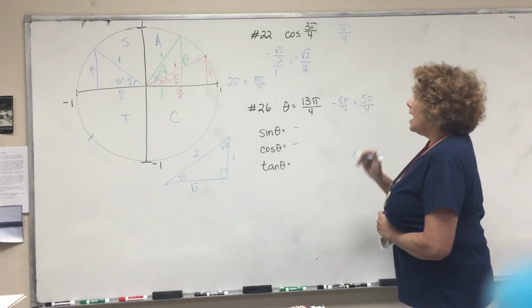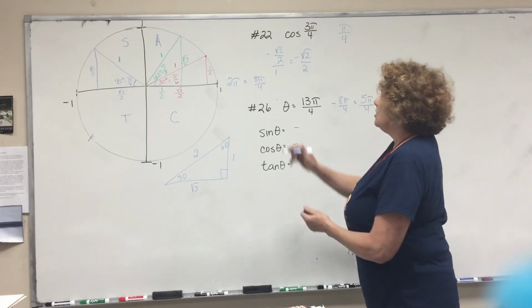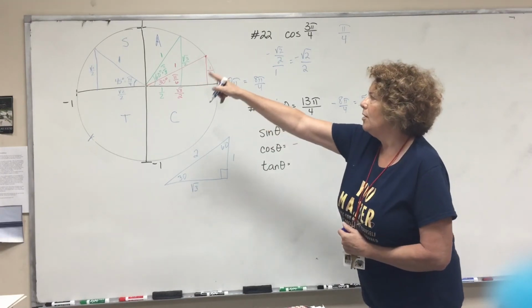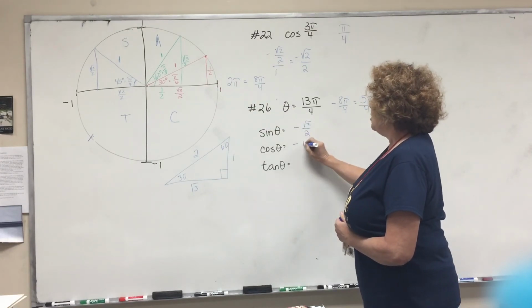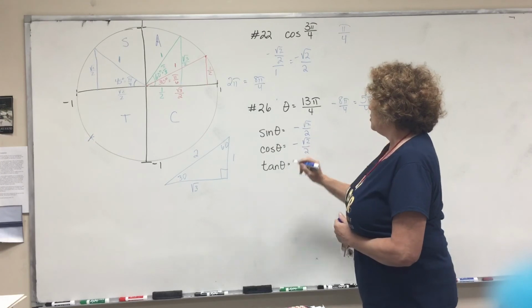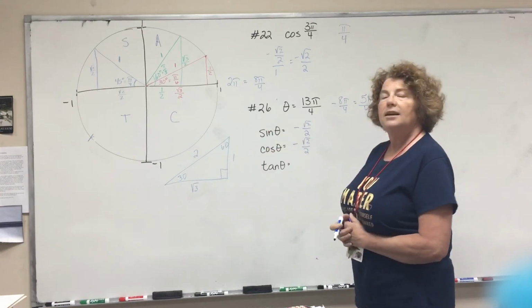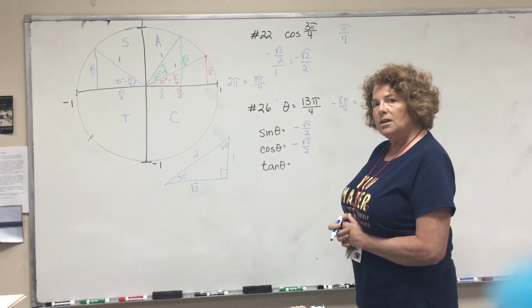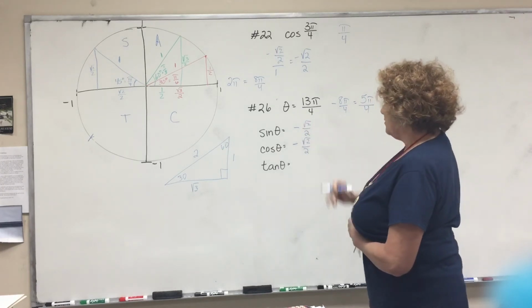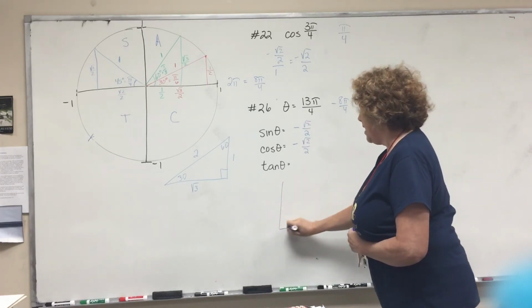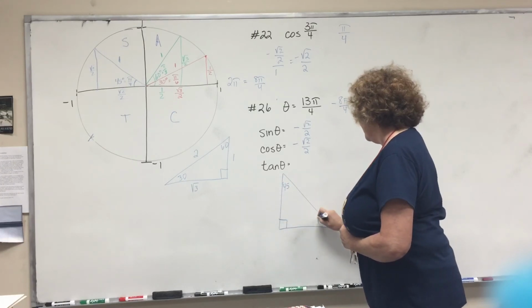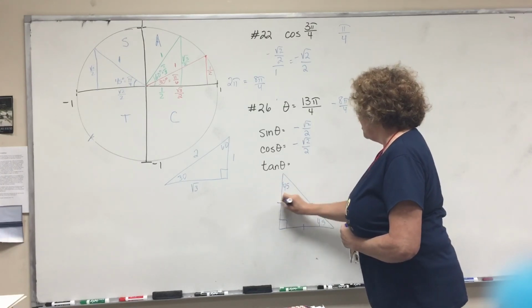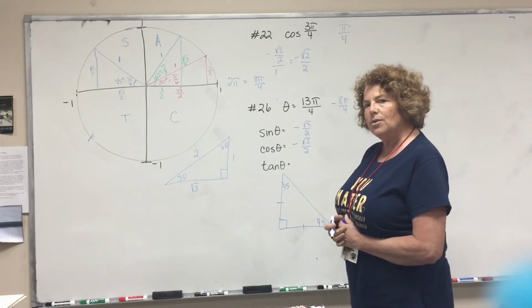So we know our sine and our cosine are both going to be negative. And then we can just use our sine, opposite over hypotenuse, so it's going to be root of 2 over 2. Cosine is going to be root of 2 over 2. Notice sine and cosine are always equal. They might have different signs, but they're always the same magnitude, because in a 45, 45, 90 triangle, it's half of a square, so those two sides are equal.